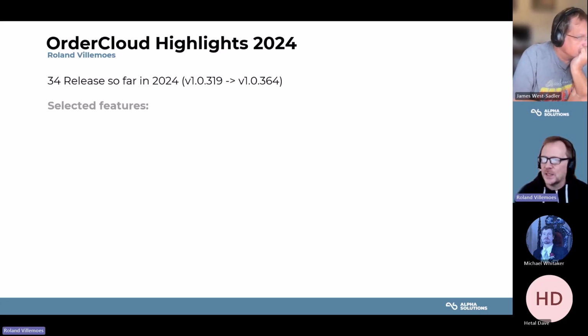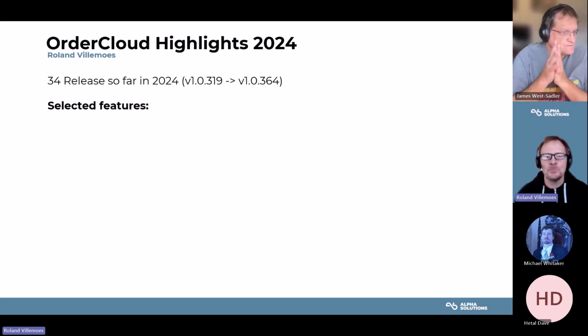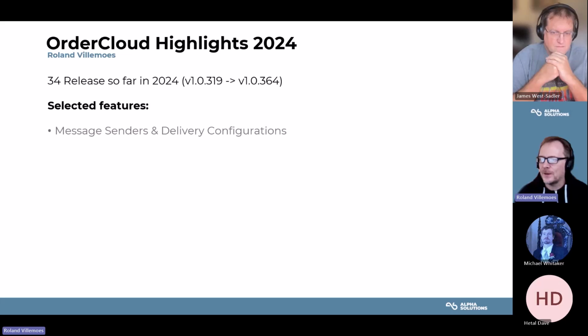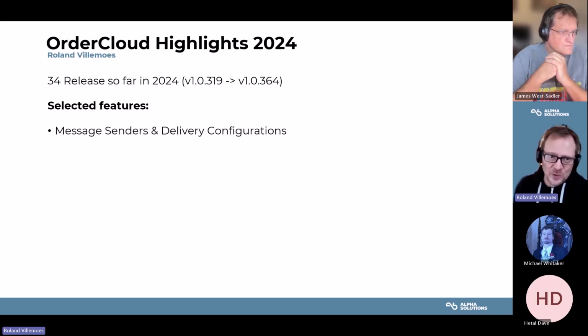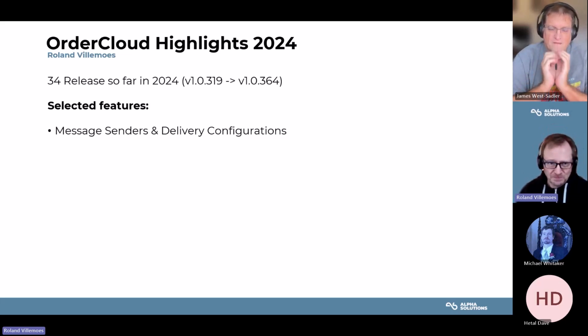Of course, some of it is bug fixes, some of it is new features, but still really nice rolling deployments all the time. I've just selected a couple of features that I find interesting, because I'm not going to go through 34 different releases. It would probably take longer than 20 minutes.